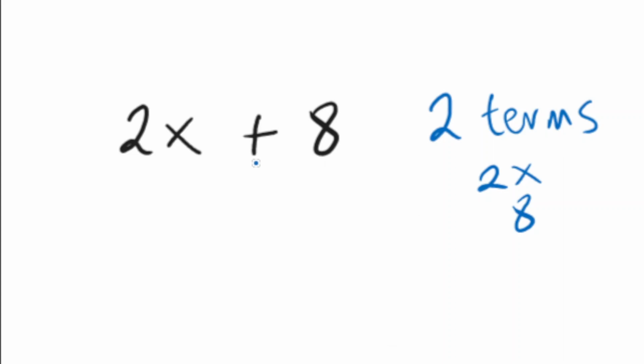Those are the two terms because the plus is separating them. I know that it has a variable, and the variable is x, because that is the only letter in this expression that doesn't have a fixed value. It keeps on changing.